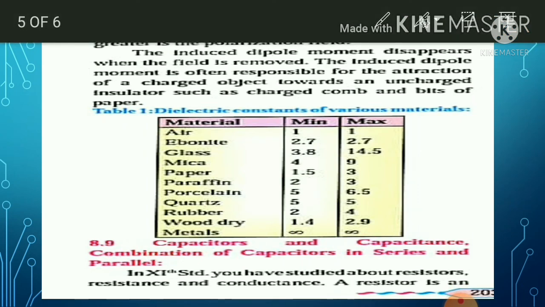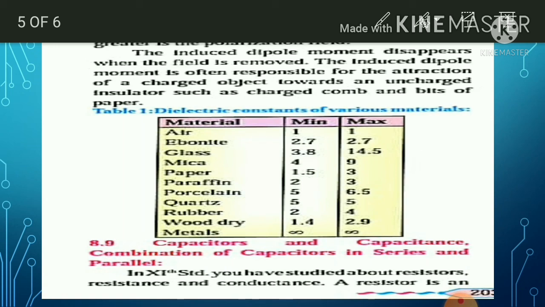So in this way we have studied various dielectric materials and their values of dielectric constant in minimum and maximum range.